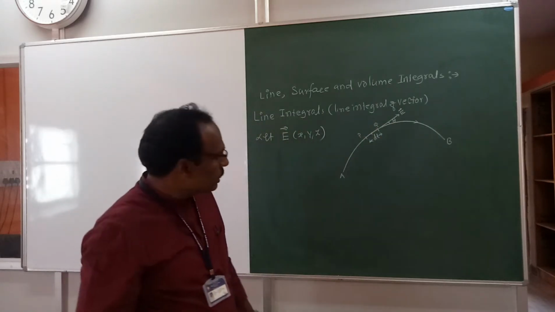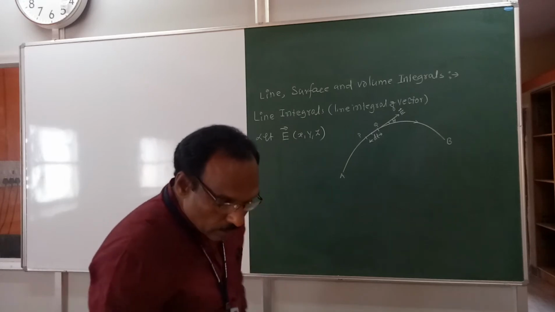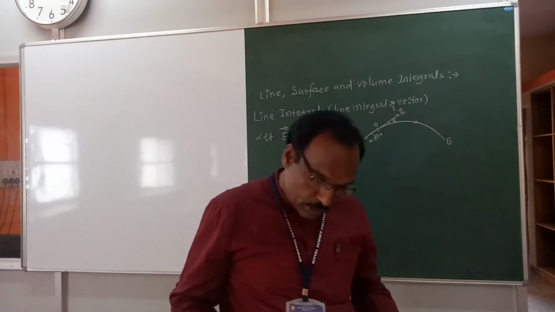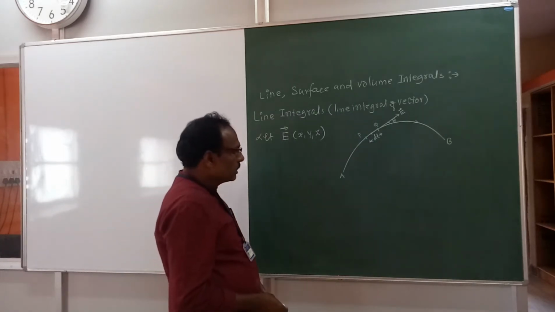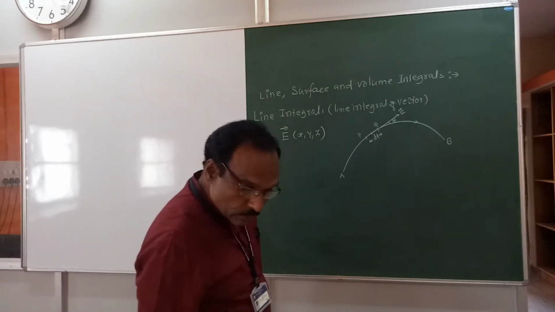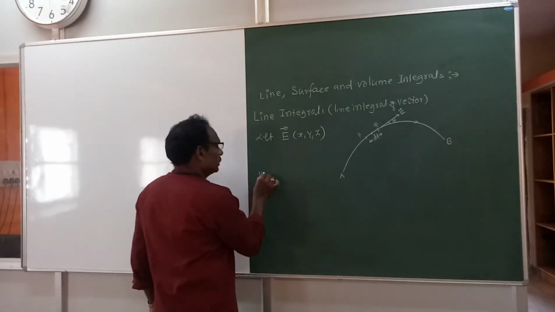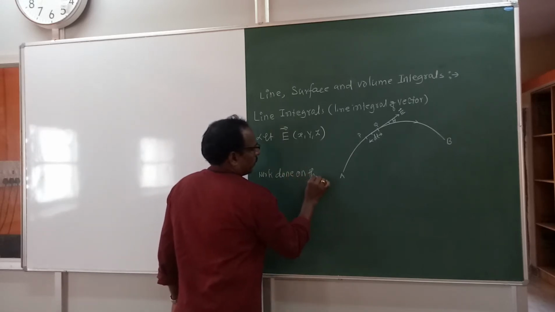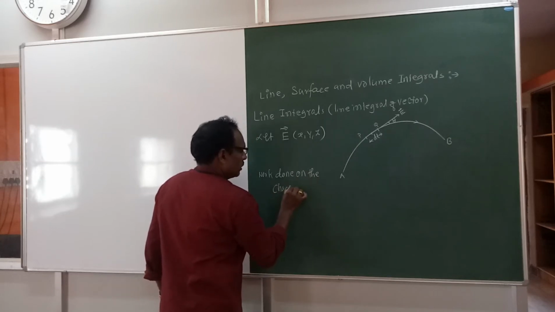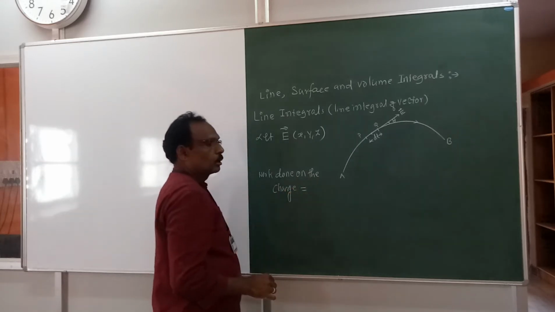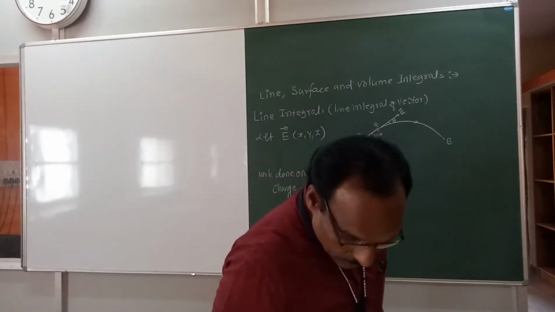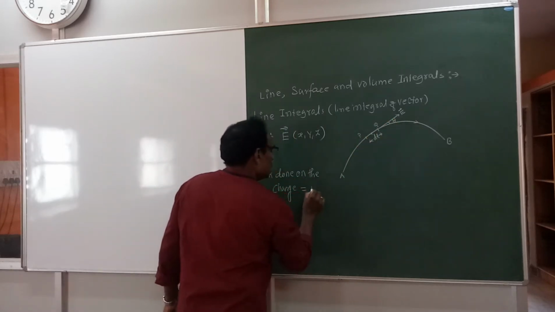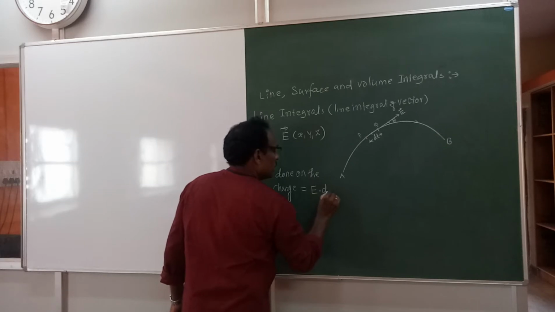So if I move a unit charge from P to Q in an electric field, the work done on this charge is equal to the dot product of E and dl, E dot dl.